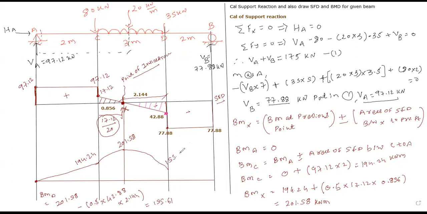155.61. Is it clear? Now tell me what is the moment at B? As per logic 0, but as per calculation भी 0 आना चाहिए. So same procedure, bending moment at B equals bending moment at D plus or minus area of shear force diagram between D to B. That is nothing but 155.61 minus 155.61 minus bracket 77.81 multiplied by 2.